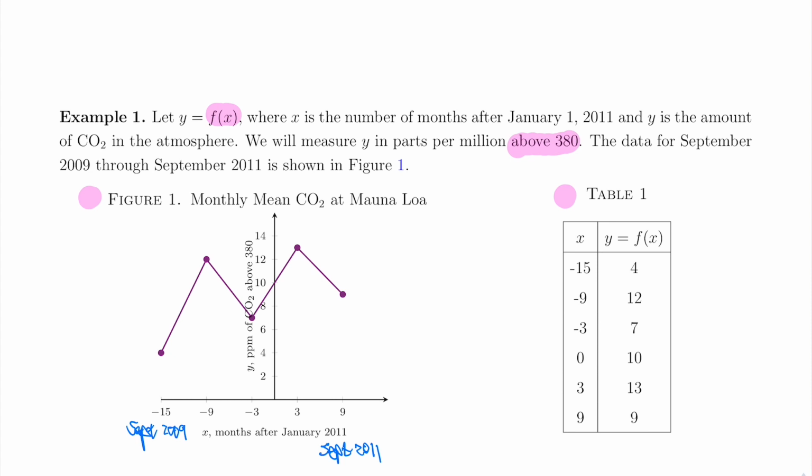Now our y values reach from a little bit above 0, looks like 4, all the way up to 13, and that always means above 380, so from 384 to 393 parts per million. And in table 1 we see our exact data points, and those are the ones we'll be using in this video as our function f of x for all the considerations we are doing now.